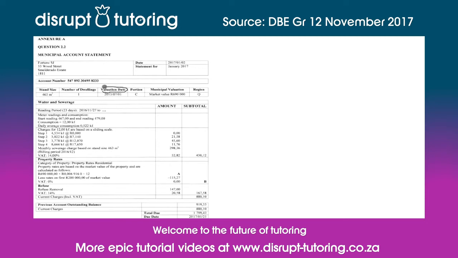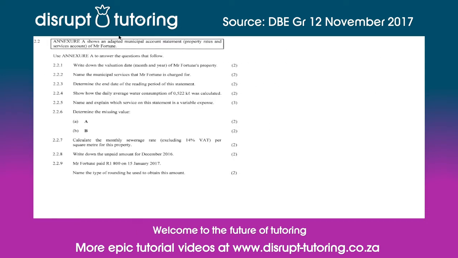So it's clearly written here that this is the valuation date. So don't get confused with the statement date, which is written at the top here. They're asking for the valuation date, and it's the 1st of July. So first day of the month, which is the 7th month, which is obviously July.